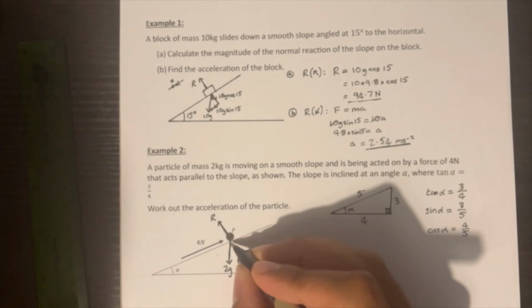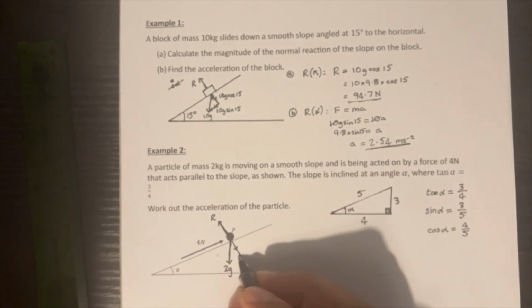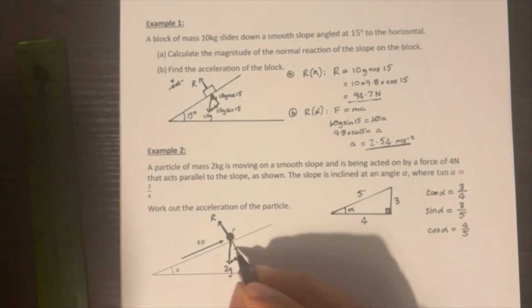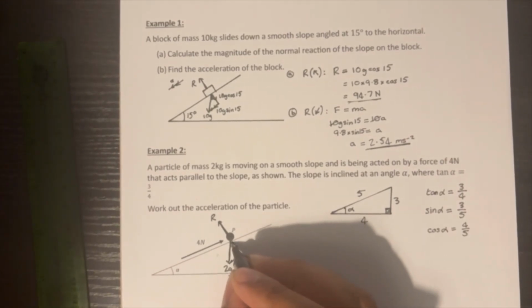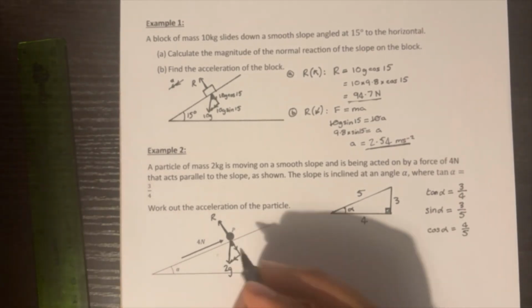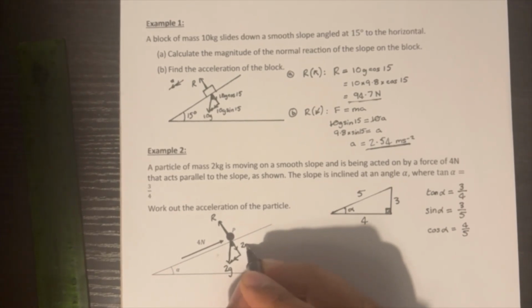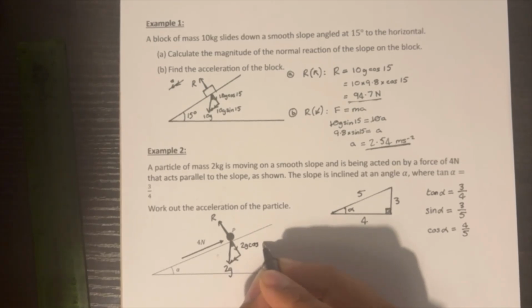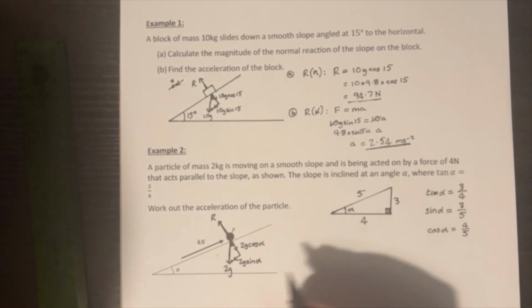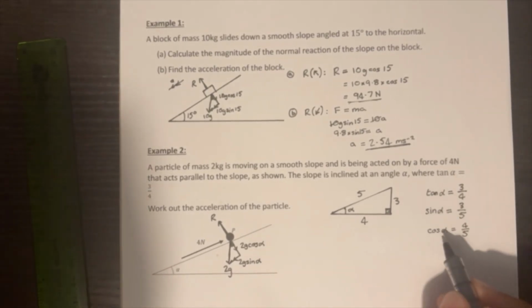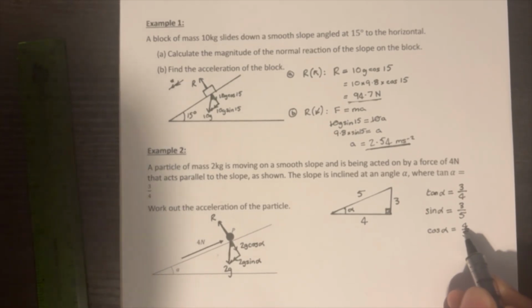Now, if I resolve these forces, this angle here is also alpha, and that is going to be 2g. We've got an adjacent side, so that's going to be cos alpha, and this is going to be 2g sine alpha. Now, we've just worked out the fact that cos alpha is 4/5.